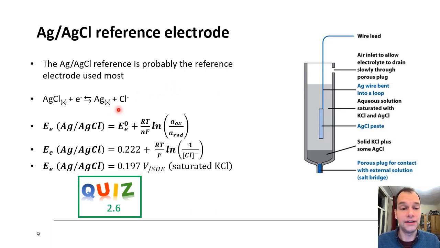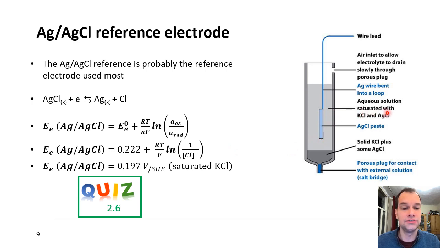Now, how do you calculate the potential of such a reference electrode? Well, we take the standard electric potential for this reaction, which we can look up, 0.222. And then we still need to use the Nernst equation because this is a saturated solution.